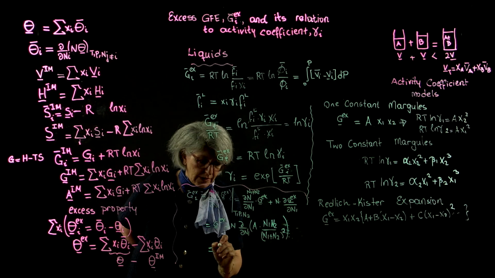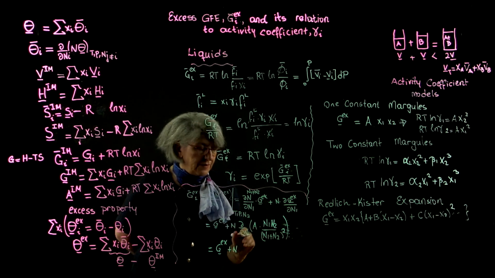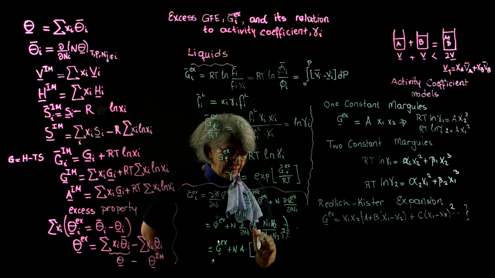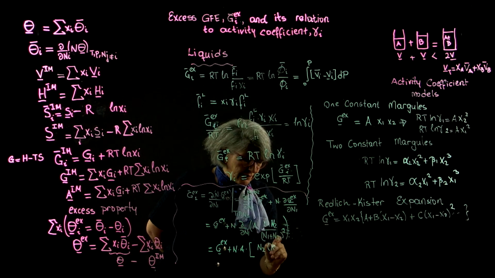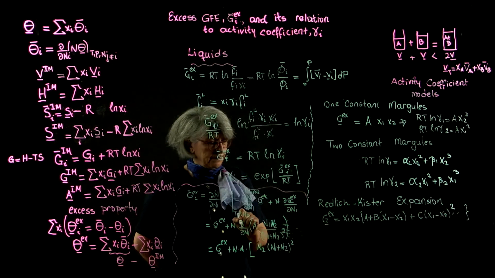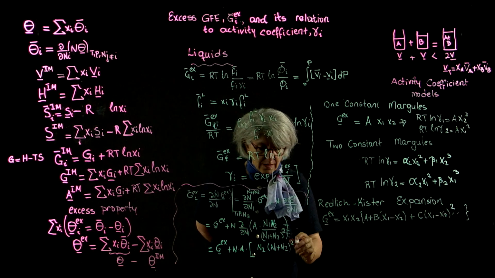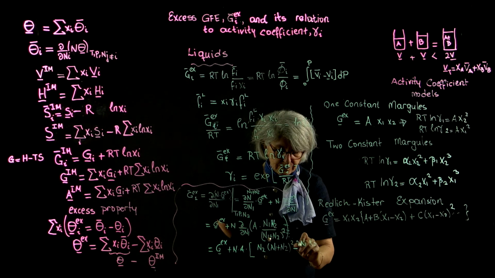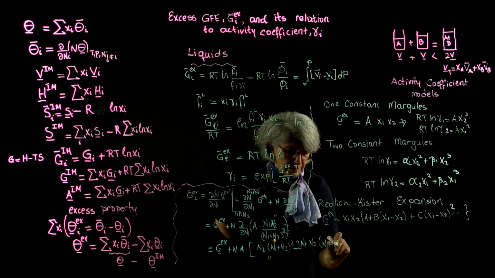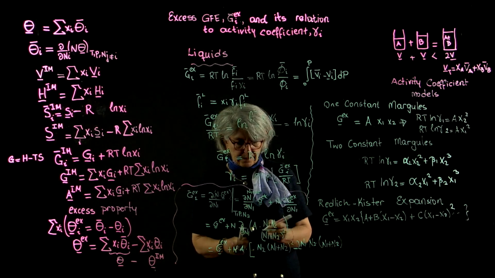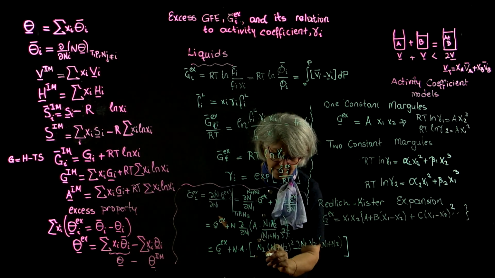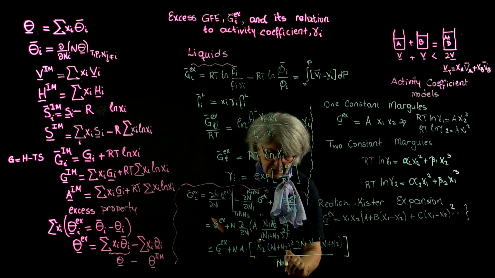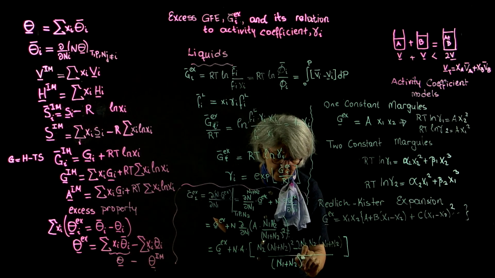This is equal to g excess plus n times A times, we're going to take the derivative of a ratio, n2 multiplied by n1 plus n2 squared, right, minus n1 times n2 times 2 times n1 plus n2, divided by n1 plus n2 raised to the power 4.